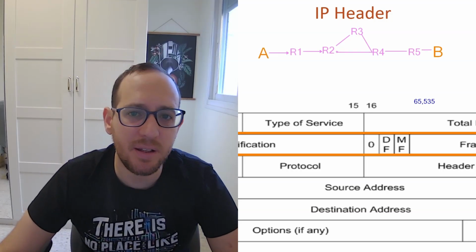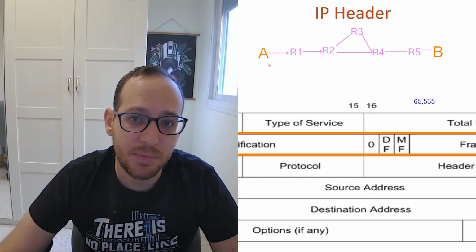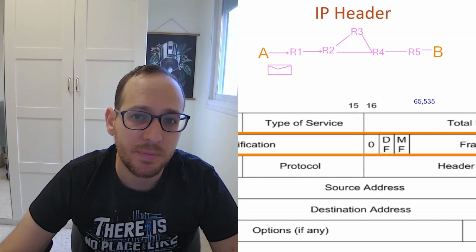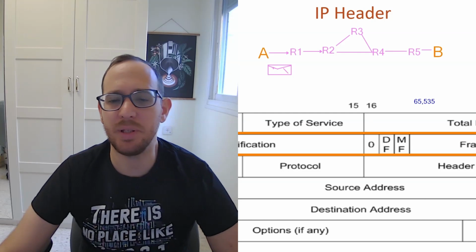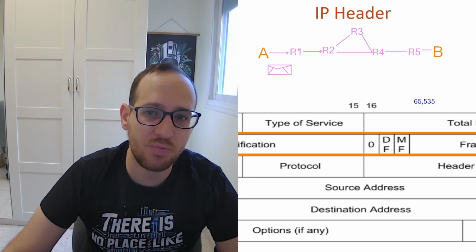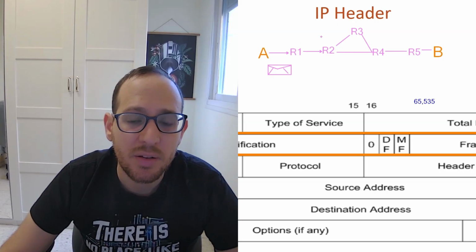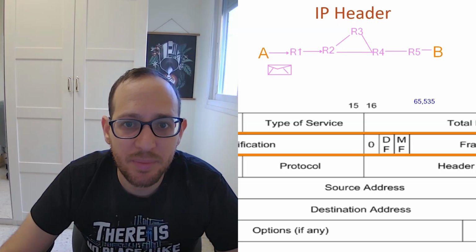So let's say A sends a packet to B. So this is the packet. And A wants to send it to B. So I send it to R1. R1 looks at the destination address, says, oh, B, I need to forward it to router 2. So R1 decides to forward this packet to R2.